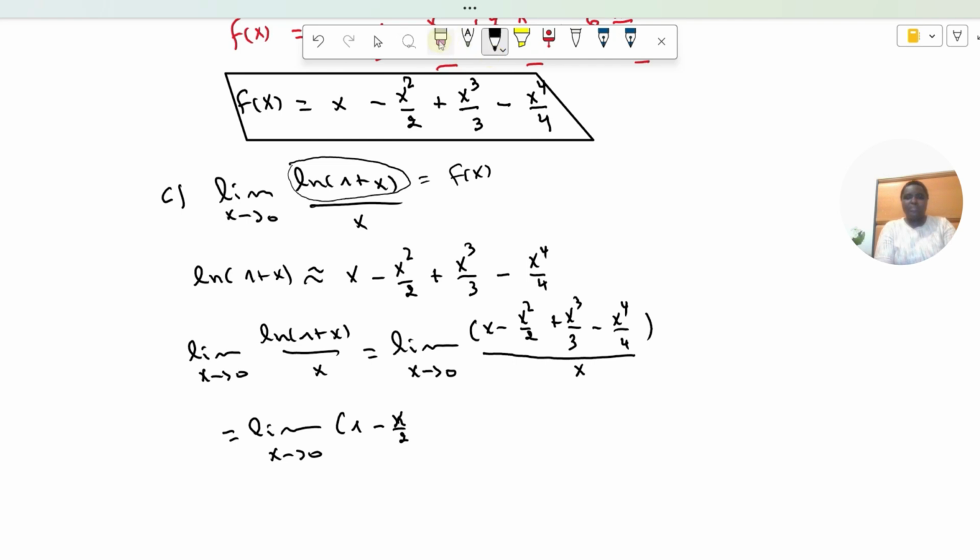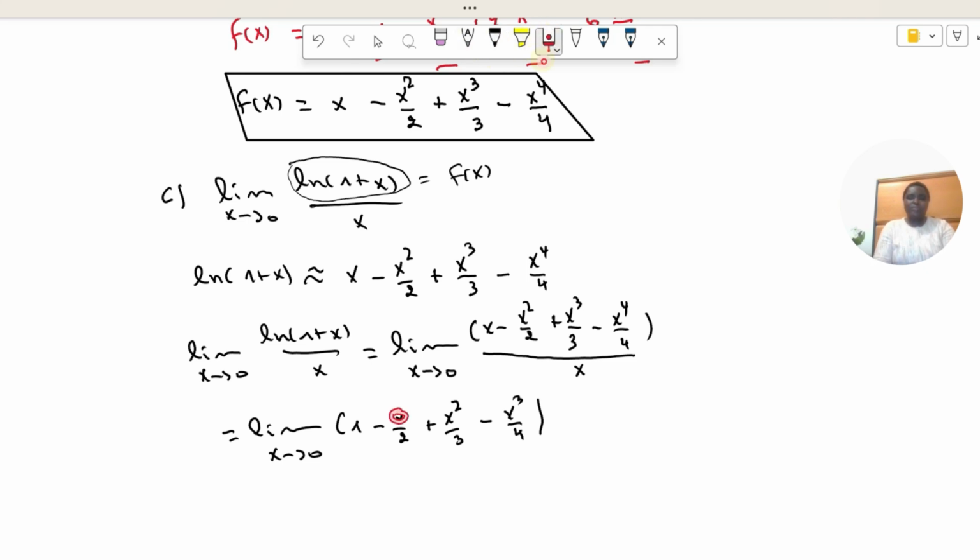Let me write it well. We are not allowed to write something which is not clear. So then x over 2, then x power 3 over x, this is plus x squared over 3 and minus x power 3 over 4, and we take x tends to 0. So if x tends to 0, what are we going to get?